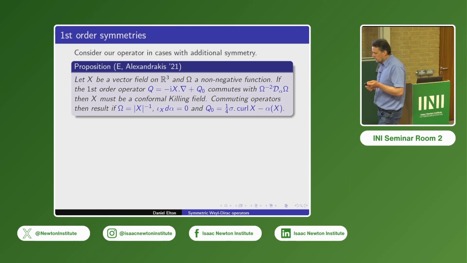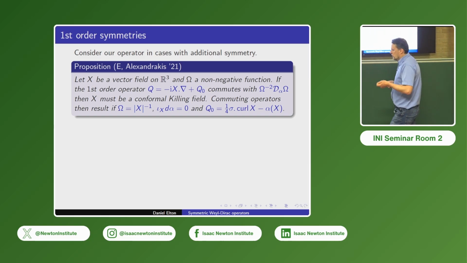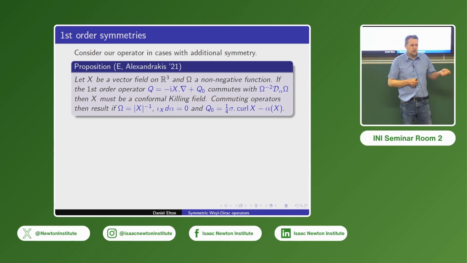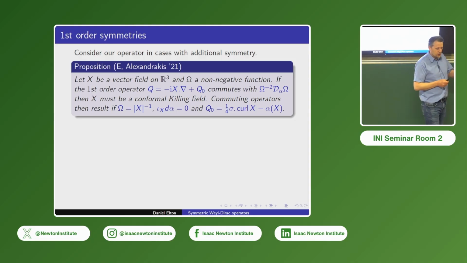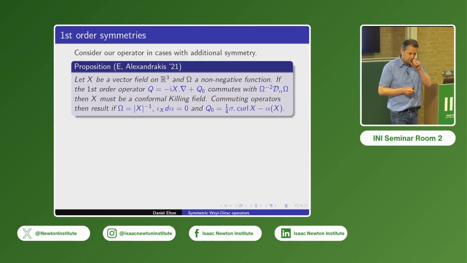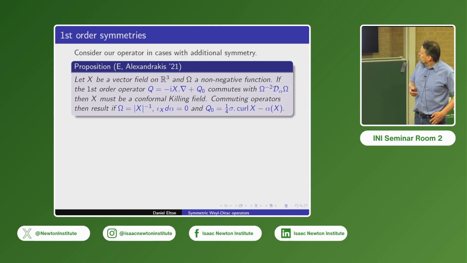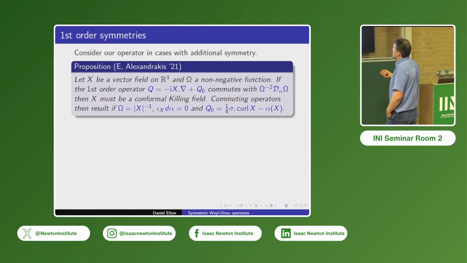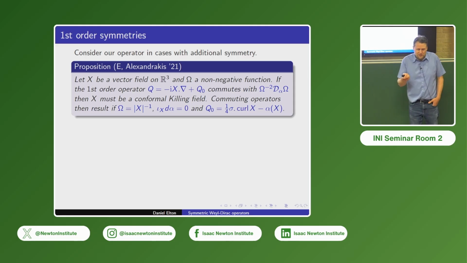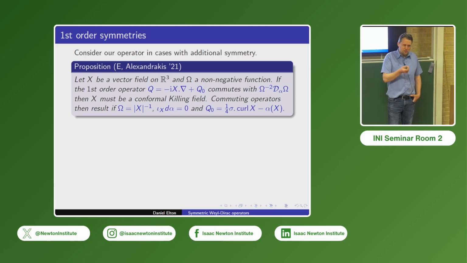I'm thinking here of a symmetry in terms of an operator that commutes with our Dirac operator. So this commuting operator is somehow being generated by the symmetry. The first thing to do is go looking for such operators. You want it to be a first order operator. On the other hand, you want it to be simpler than the Dirac operator, which is already first order.